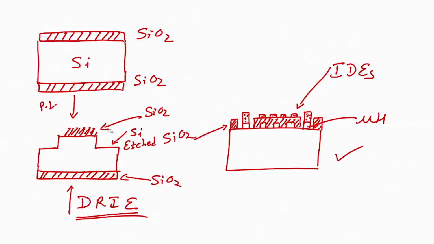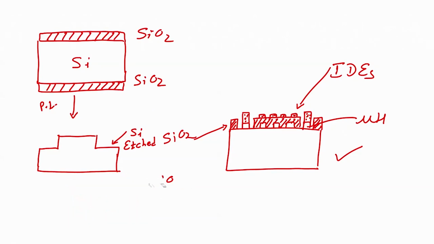Now, I will remove the silicon dioxide. How can I etch silicon dioxide? I can etch silicon dioxide by dipping the wafer in buffer hydrofluoric acid.